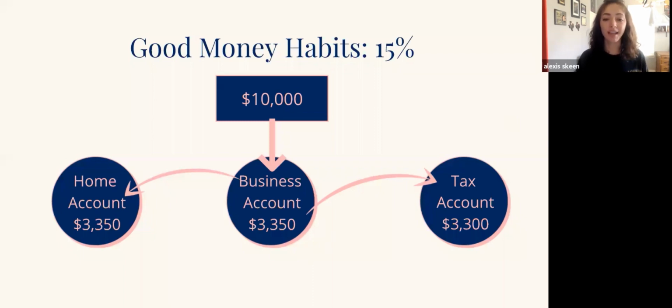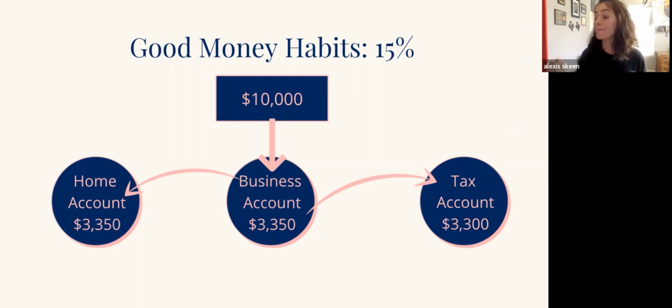So let's just pretend that we get our $10,000 check and we've got good money habits now. Okay, so we're going to take that $10,000 check and deposit it into our bank account. The very first thing that you're going to do is take 33% of that check and put it in a tax account, because Uncle Sam wants 1/3 of that, okay?